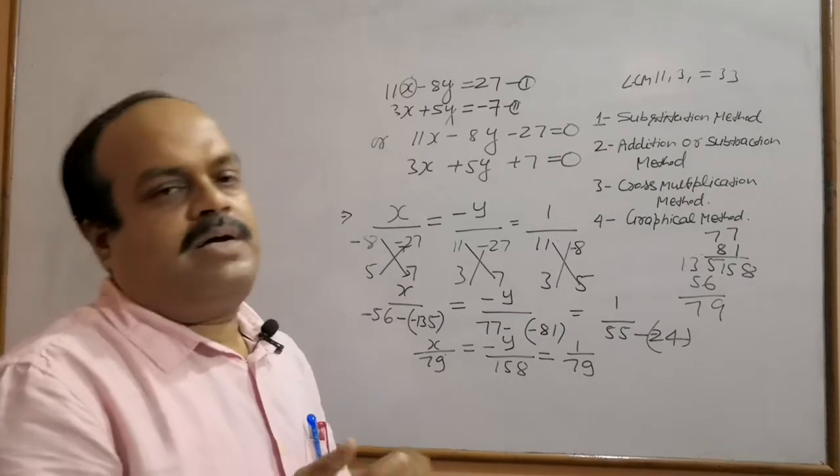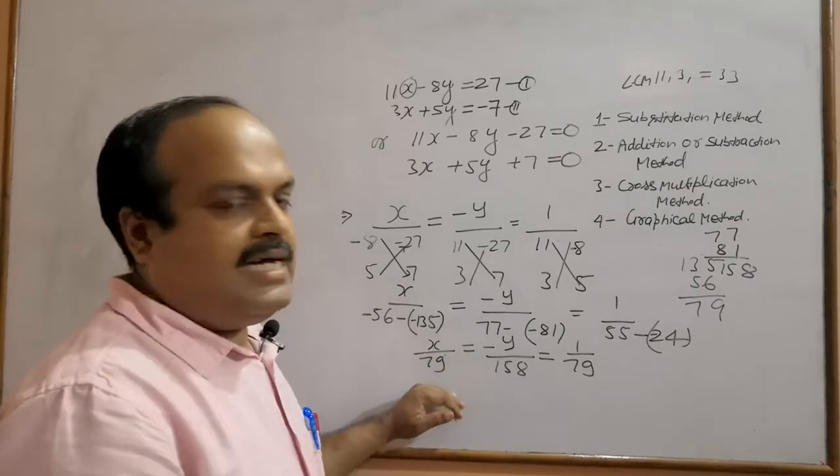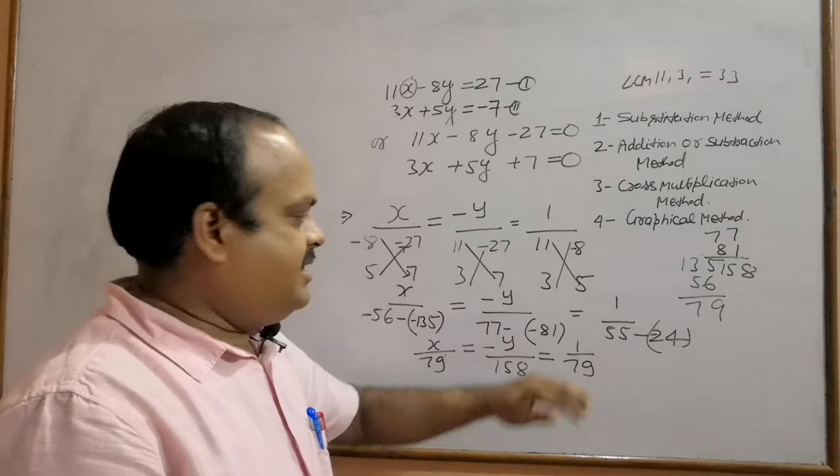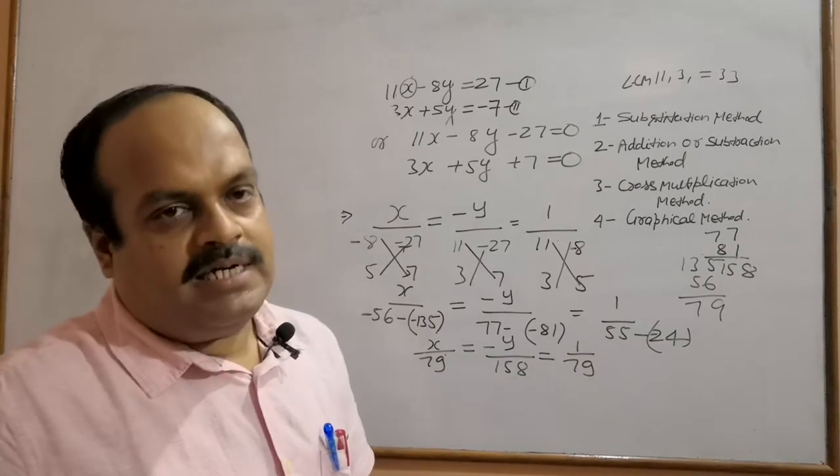So we have got three fractions: x upon 79, minus y upon 158, and 1 upon 79.